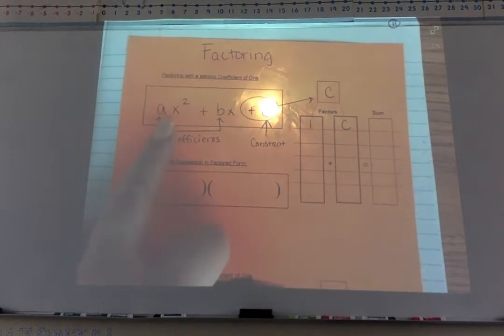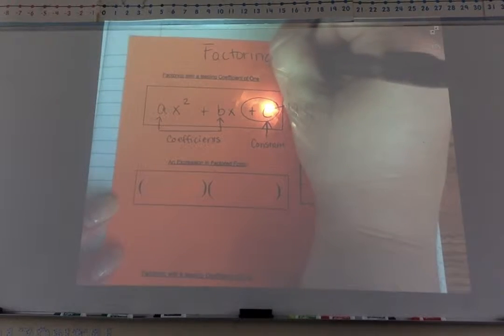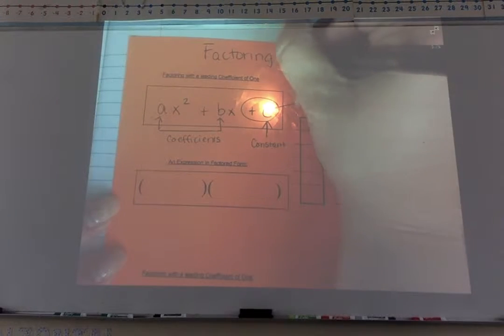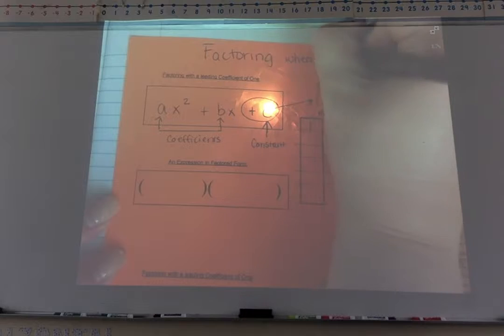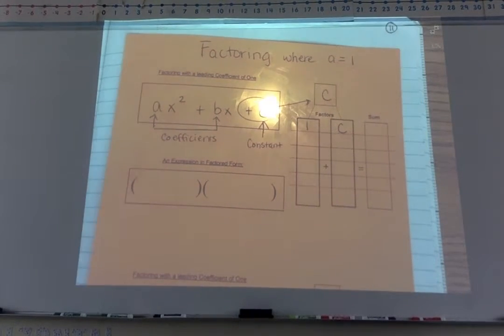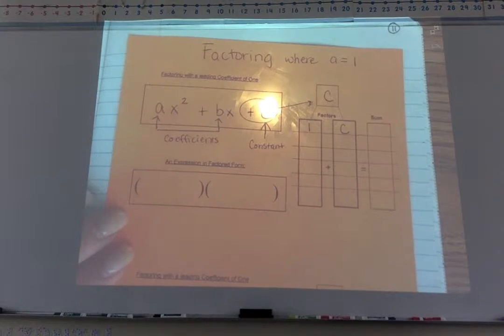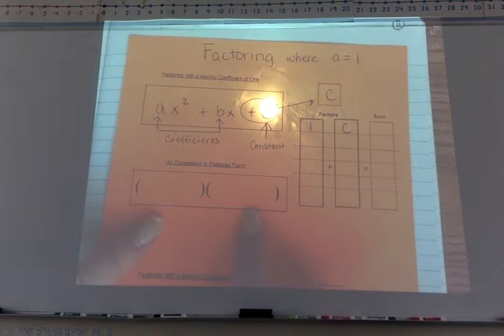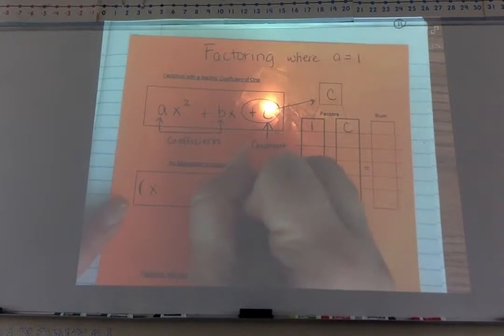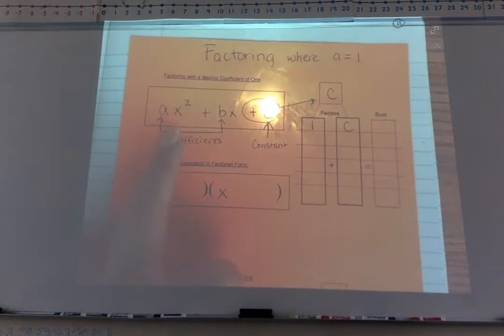And because we're going to work here with a trinomial where a, and we're going to add this to the title, okay, so we're factoring where a is equal to 1 and only 1. And in a moment, you'll see what that looks like and what I mean by that. But the two binomials we're going to end up with are both going to have x at the beginning of them, because x times x gives us x squared.